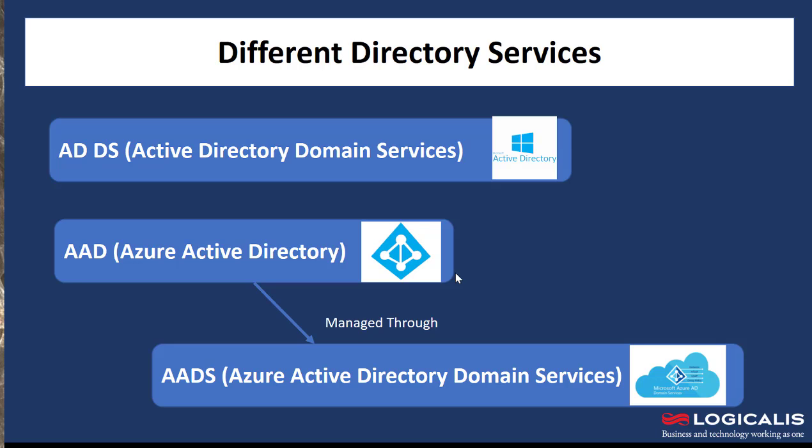So now the management of Azure Active Directory is through Azure Active Directory Domain Services, which are pretty much the domain controllers. So you do have now the ability to manage Azure Active Directory like through your regular Active Directory users and computers snap-ins, group policies, and whatnot, right? So it gives you that kind of an interface.